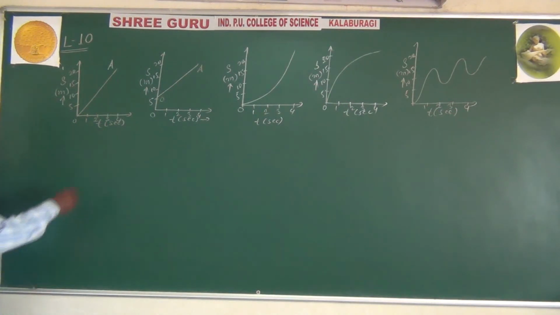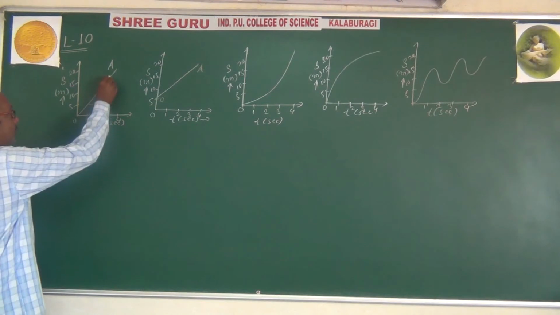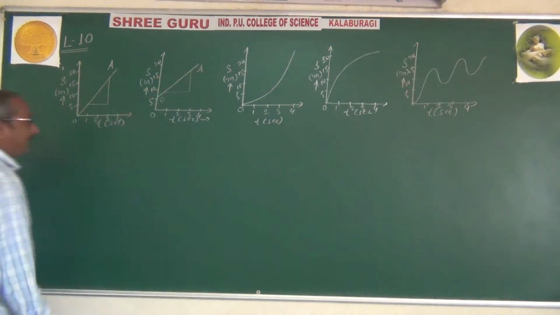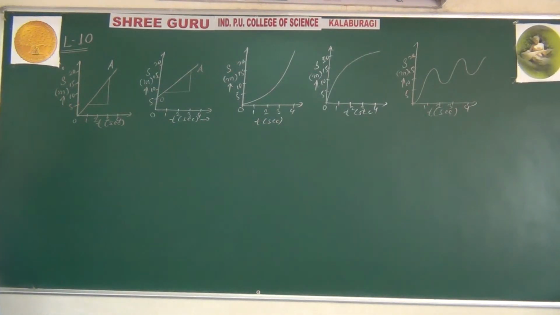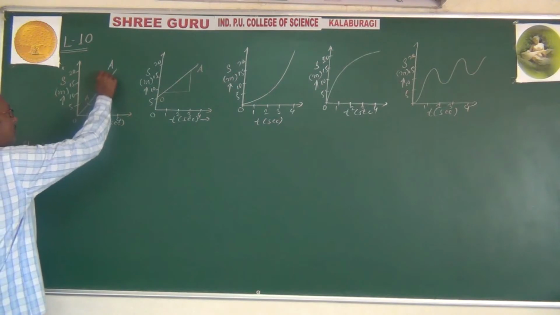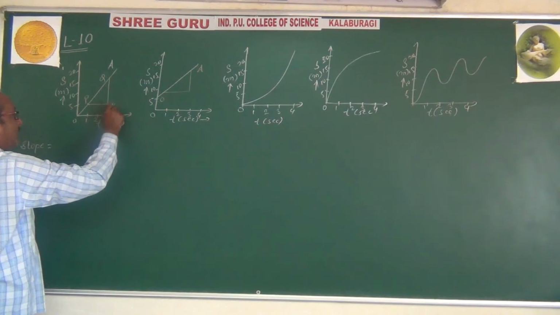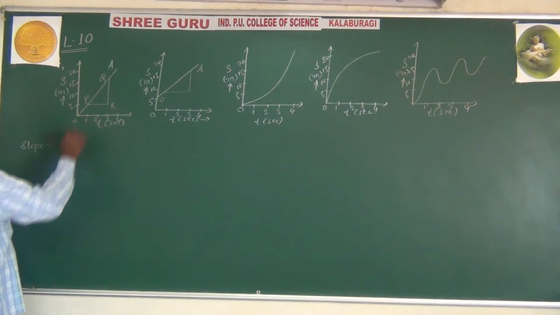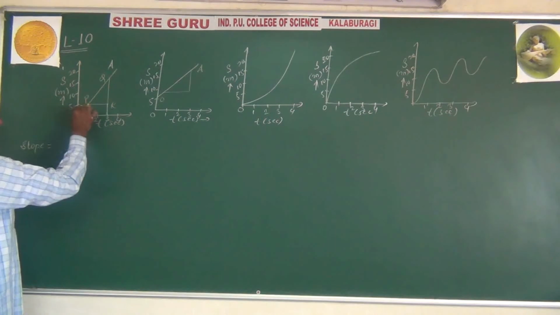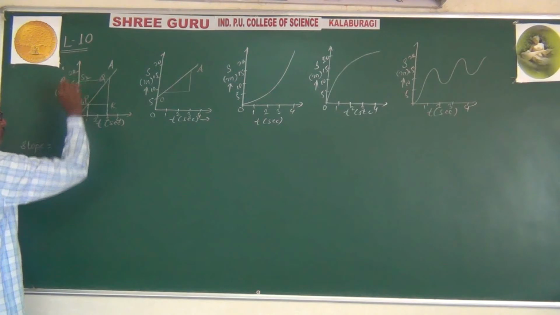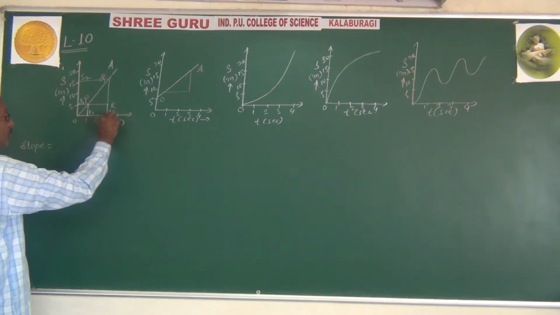By finding the slope of this curve, we get the speed or velocity. Slope equals opposite divided by adjacent. Here are the two points P and Q, and here is another point R. This is the S1 position, this is the S2 position, and here T1 and T2 are the times.